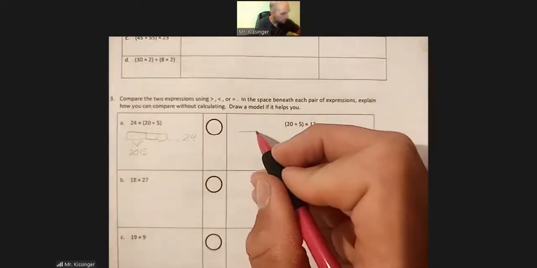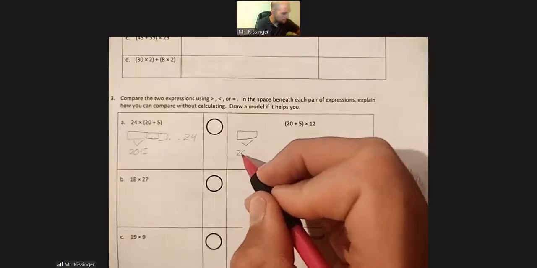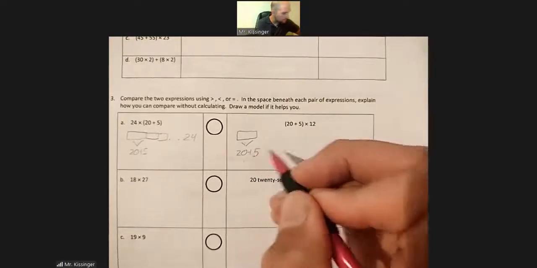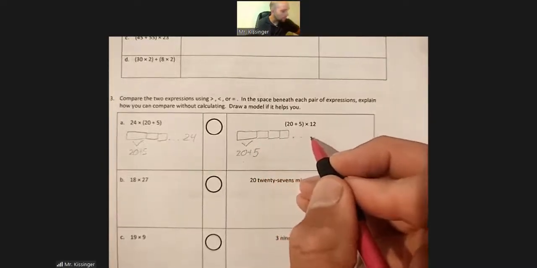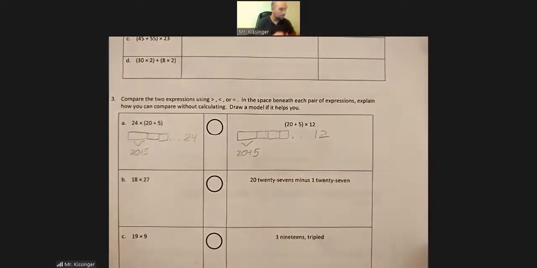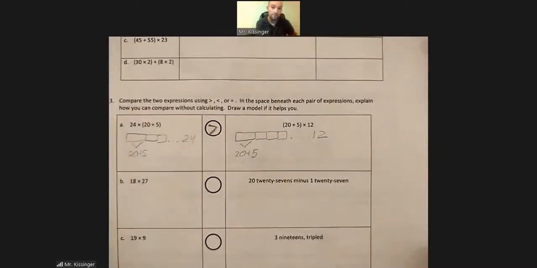Over here, we also have 20 plus 5, but we only have 12 of those. So which one's greater? 24 rectangles of 20 plus 5 or 12 rectangles of 20 plus 5? Right, 24, because 24 is greater than 12. And our rectangles should be the same. They both equal 25, or 20 plus 5.